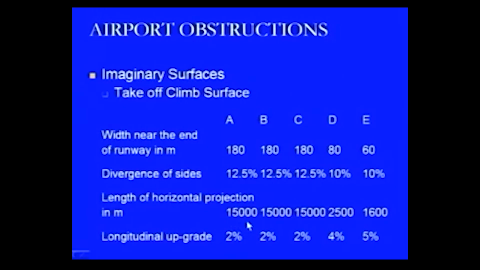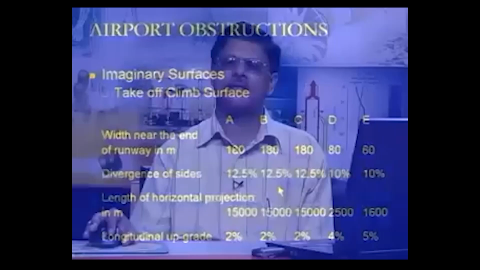So 2% of 15,000 will be 300 meters. By the end of 15,000 meters it will rise to 300 meters, and because it is diverging in the outward direction, the size will be defined again on the basis of that 12.5% value, that is for every 100 meters it becomes wider by 12.5 meters.